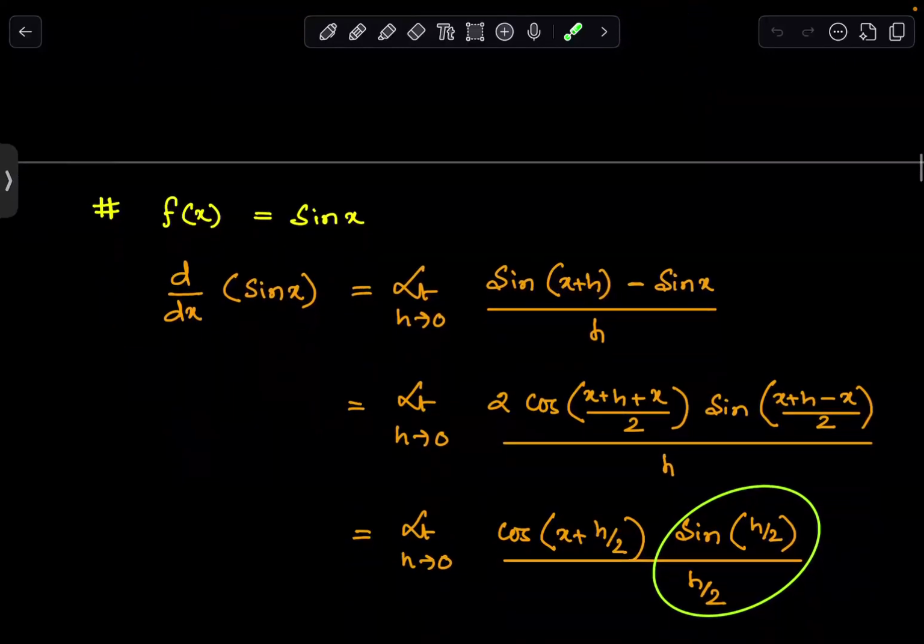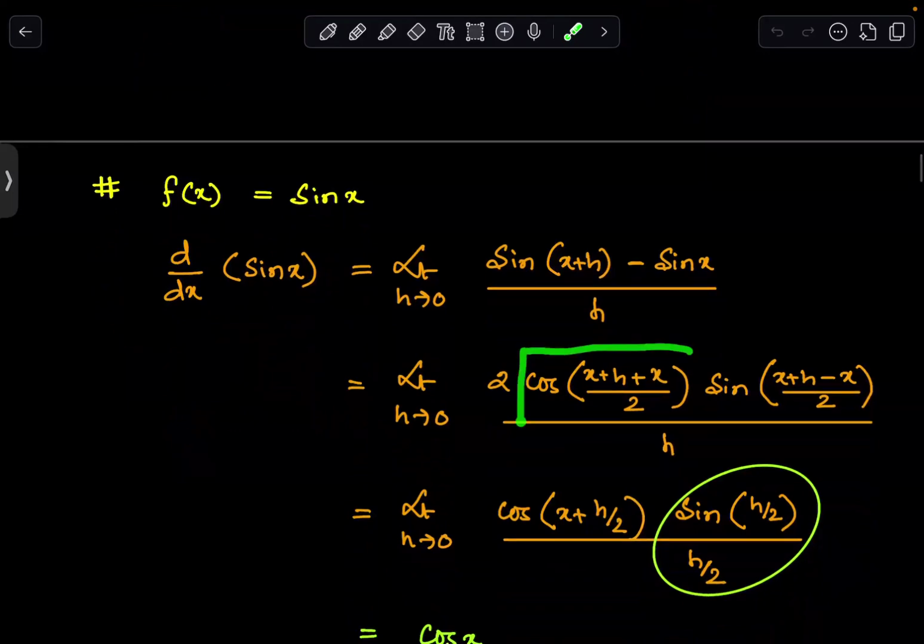Now we have kept the cosine term as it is, but on a simplified note, this section became sine of h by 2, and to correspond to that, we brought this 2 into the denominator of h and made it h by 2.